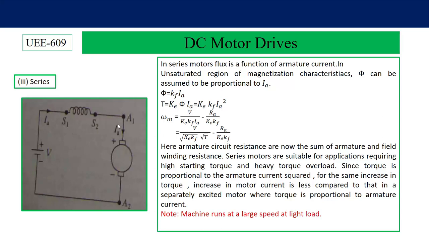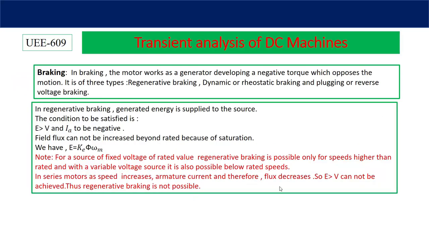So the direction of the armature current will change. At the same time, current will flow from this side to this side only if it is at higher potential. That means E must be more than V. So this condition is to be satisfied to apply regenerative braking. So E must be greater than V and IA must be negative.